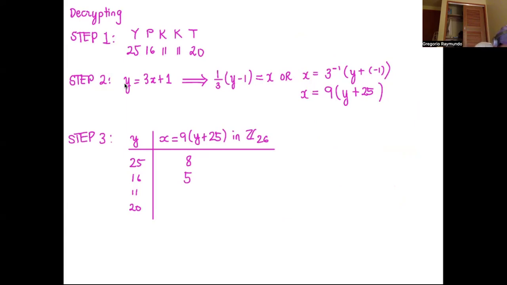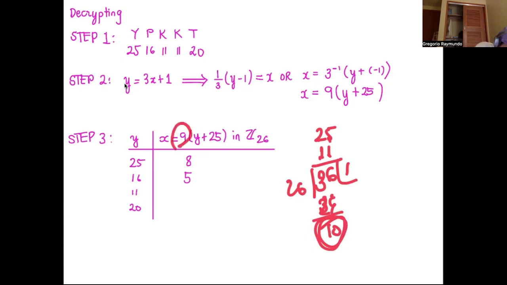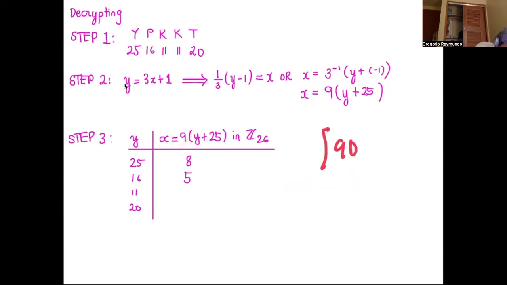11. 11 plus 25, 5 plus 1, 6. 5 plus 1, 6. 2 plus 1, 36. 36 divided by 26, 1, 26, 10. 10 times 9, 90. 90 divided by 26.